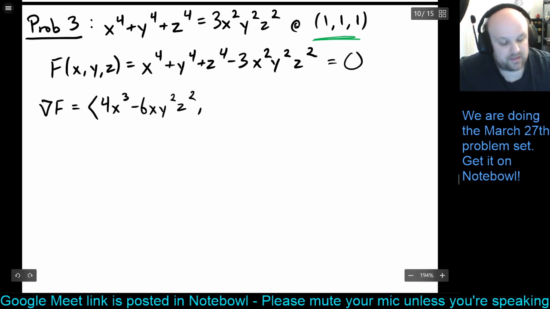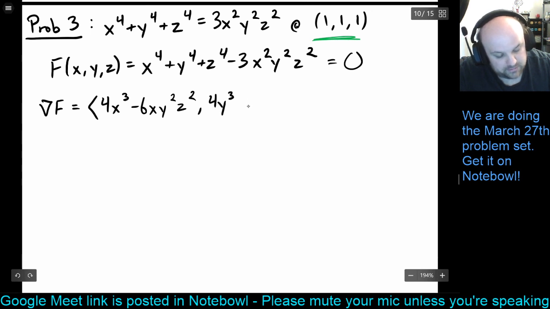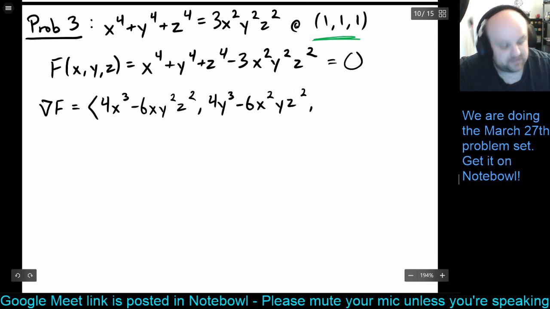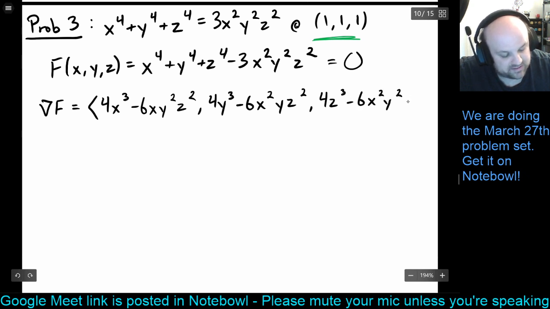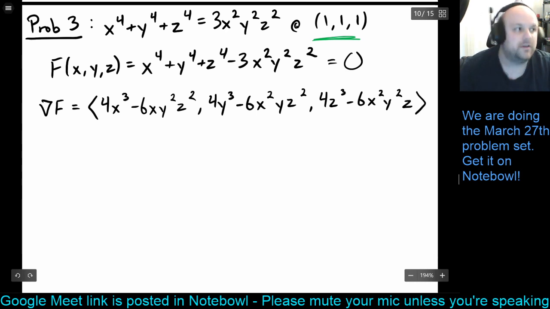Next, differentiate with respect to y: 4y cubed minus 6x squared yz squared. And differentiate with respect to z: 4z cubed minus 6x squared y squared z. All right, so that's our gradient.